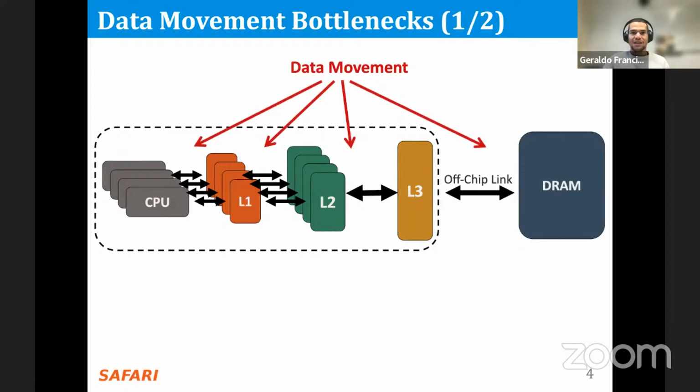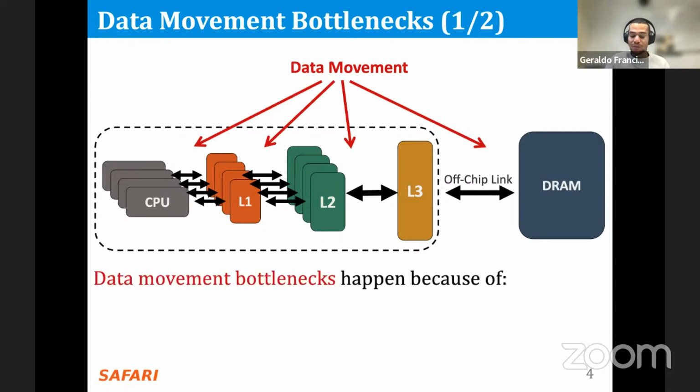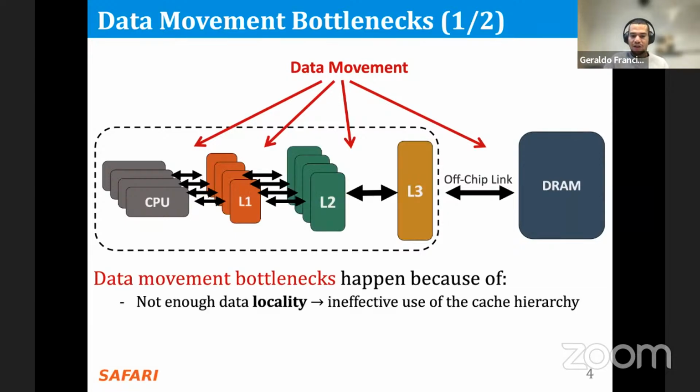Data movement became a problem in modern systems. We have been seeing this, and it is a recurrent topic in this PIM class, for example. Data movement bottleneck is going to become a problem for several reasons. I'm going to list 3 reasons here, but it's not limited to that. The first one is that there is not enough data locality inside the application to leverage the cache hierarchy of modern CPU systems.